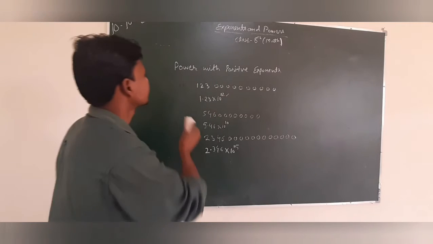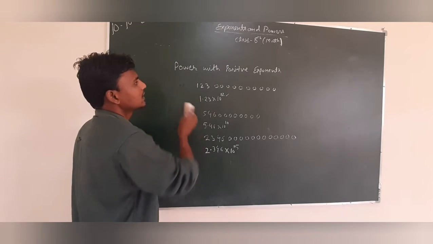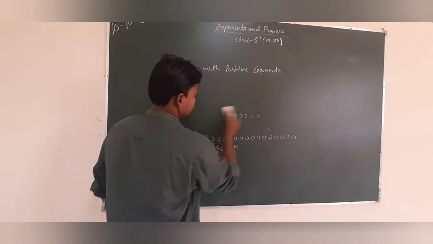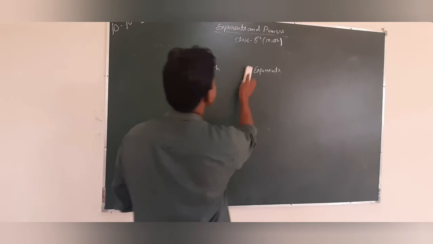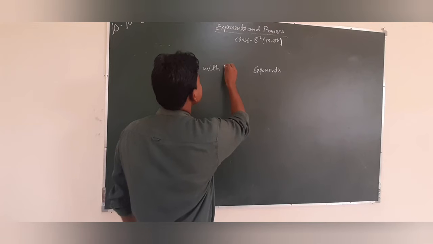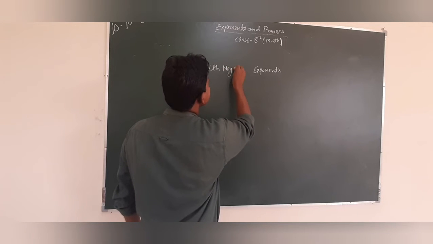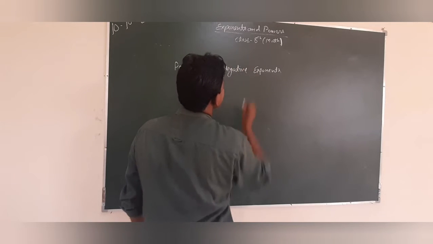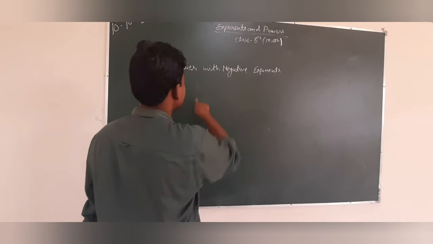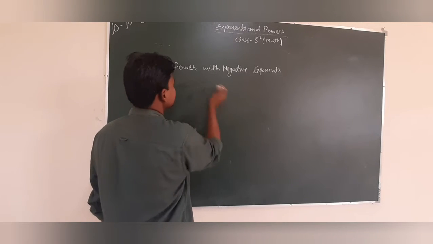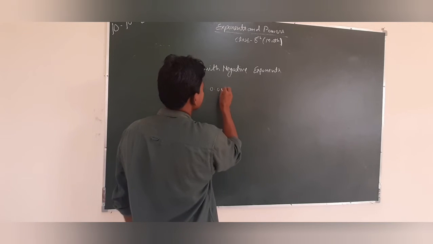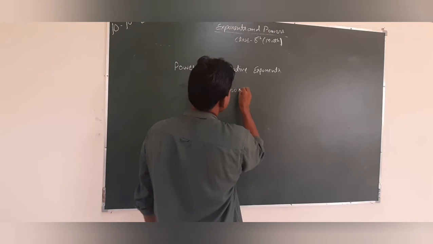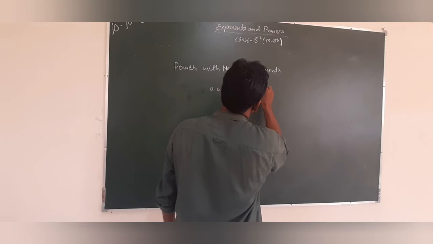Next, power with negative exponent. Negative exponent: numbers written in the form of 0.000000000023.